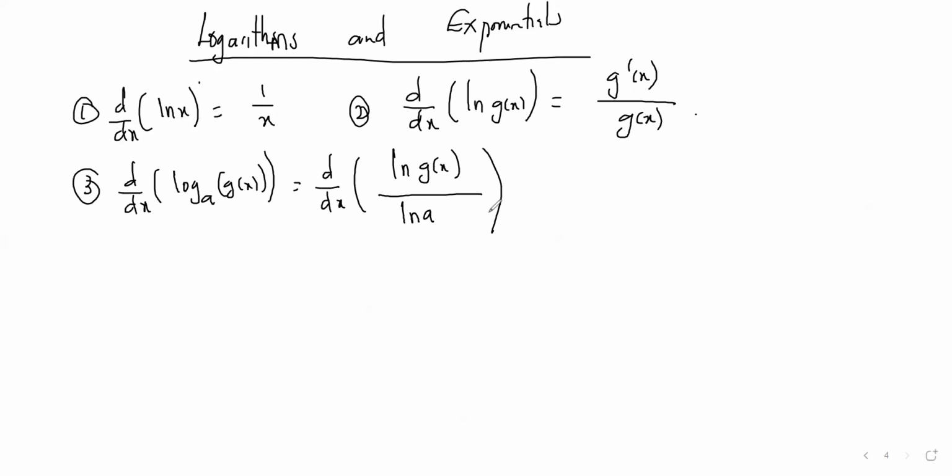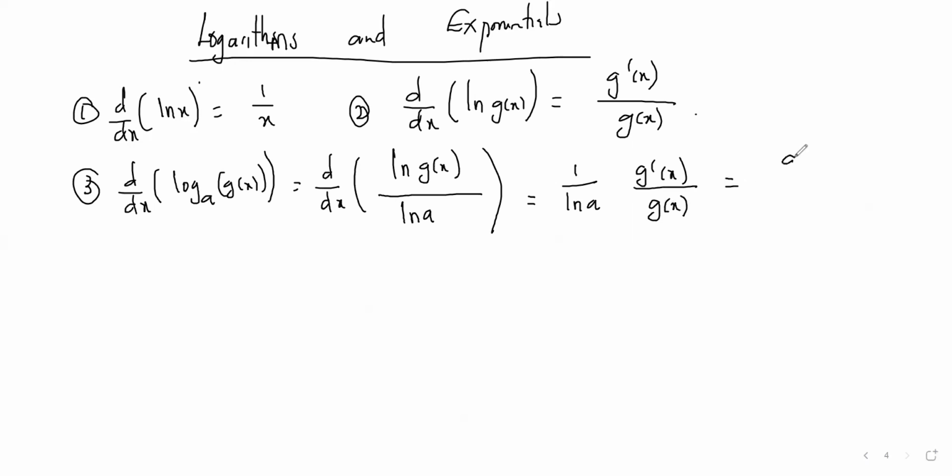I'm changing the base from a to e, so I have log_e g over log_e a. Then the ln a just becomes a constant, and I differentiate the function, which is g prime(x) over g(x).